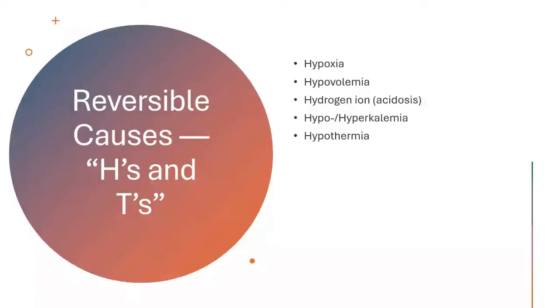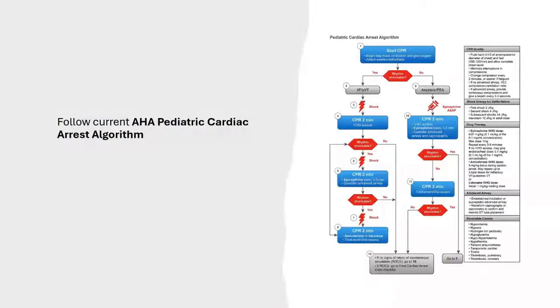How about the T's? Toxins, tension pneumo, cardiac tamponade, and then pulmonary thrombosis. Yeah, very good.